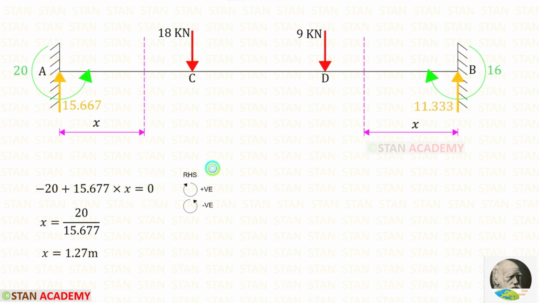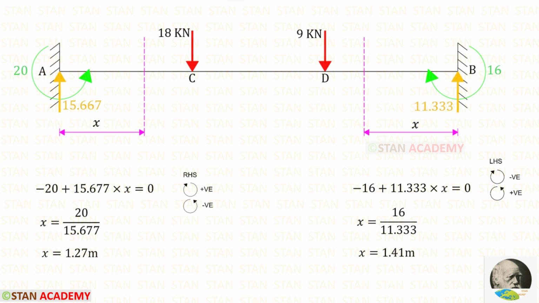Using the right hand side rule, we can find x, which is 1.27 meter. We know that in this section also the bending moment is 0. Using the left hand side rule, we can find x, which is 1.41 meter.